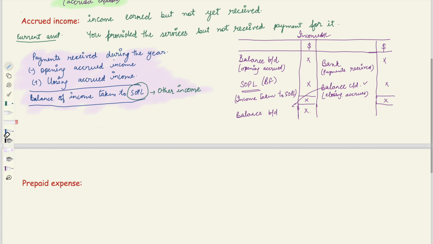Journal entries. First thing first, the journal entry to transfer income to the statement of profit or loss at the year end.